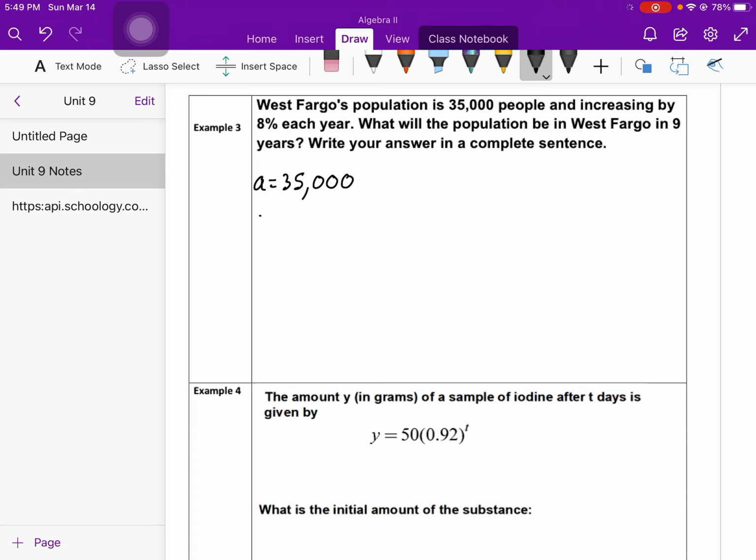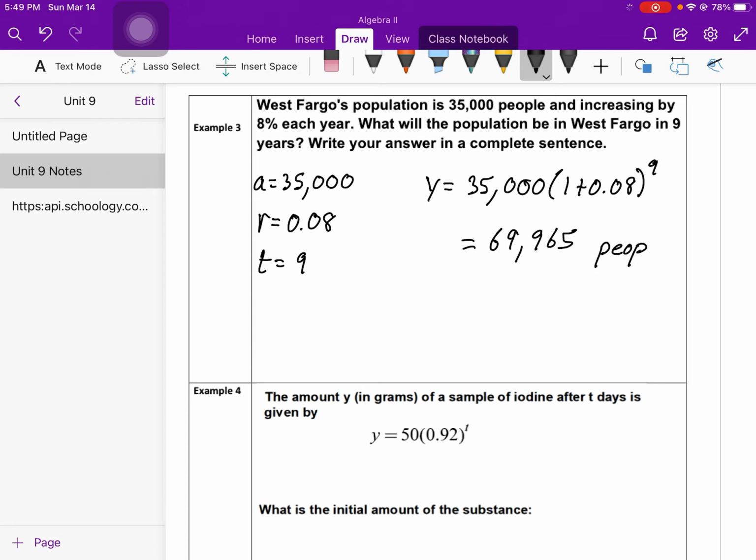So our R of 8% is 0.08, and then the time is 9 years. So it's going to be y equals 35,000 times 1 plus 0.08 because it's growing, to the 9th. And then again, you can just type that straight into your calculator.